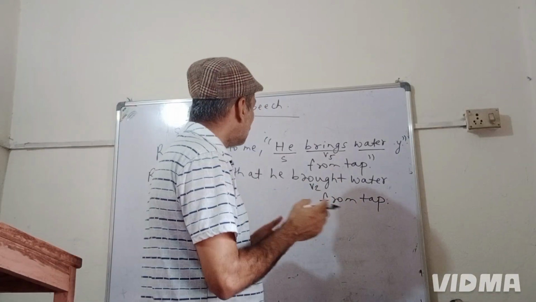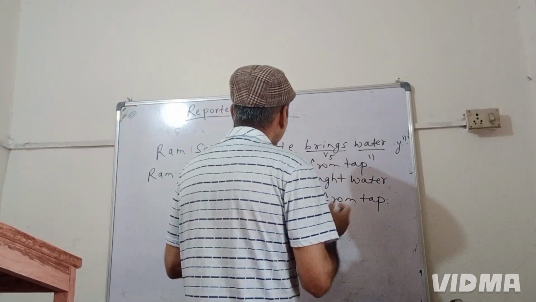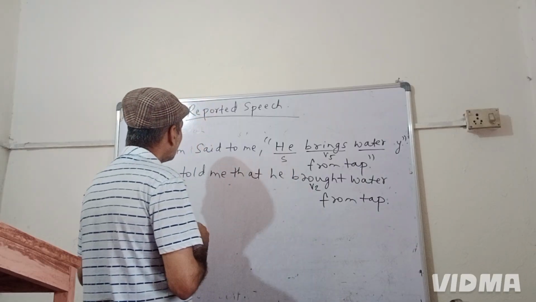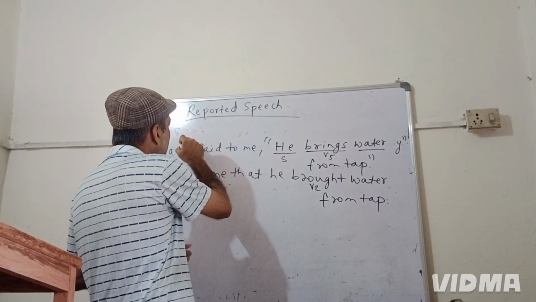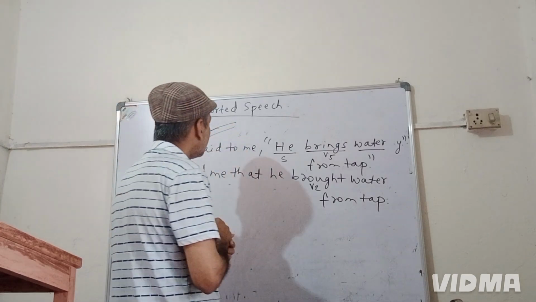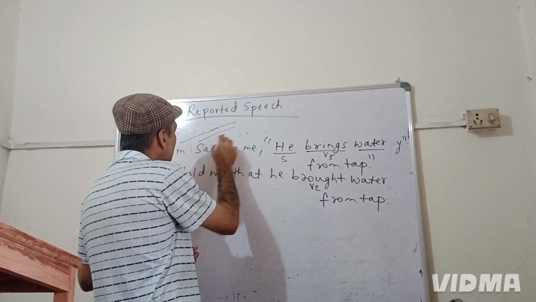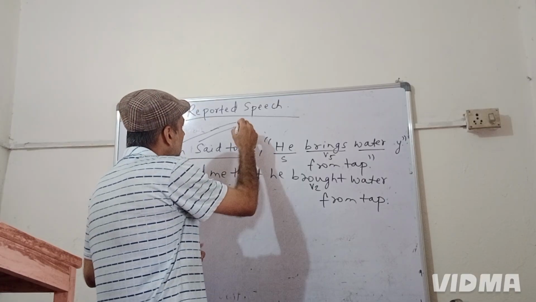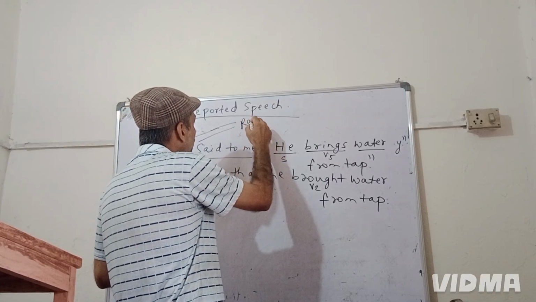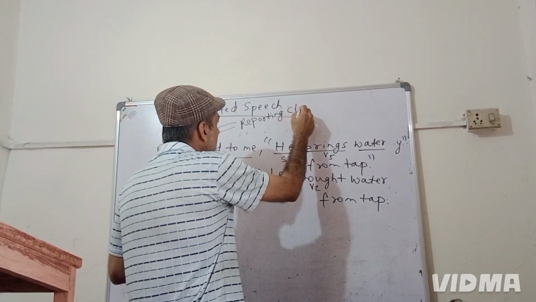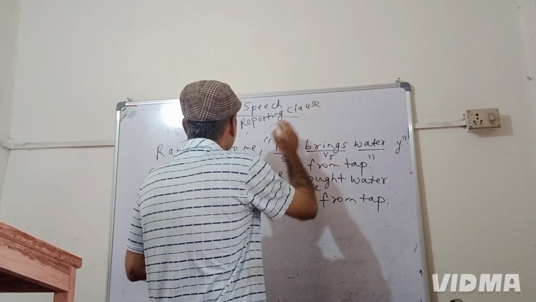Likewise, I will also tell you how other tenses are changed. Before going on to that, one thing I would like to tell you: this part of the direct speech in which "said to me" is used is known as the reporting clause.